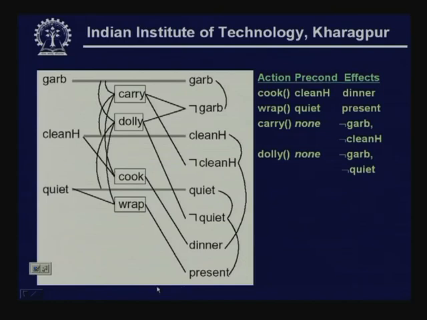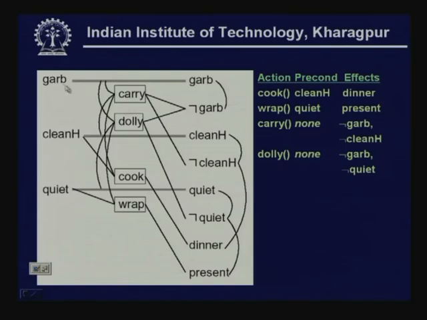Here I have not put the maintenance action for not dinner and not present, but for the rest we have this 2-level planning graph for this problem. The actions as we have noted are carry, dolly, cook and wrap.